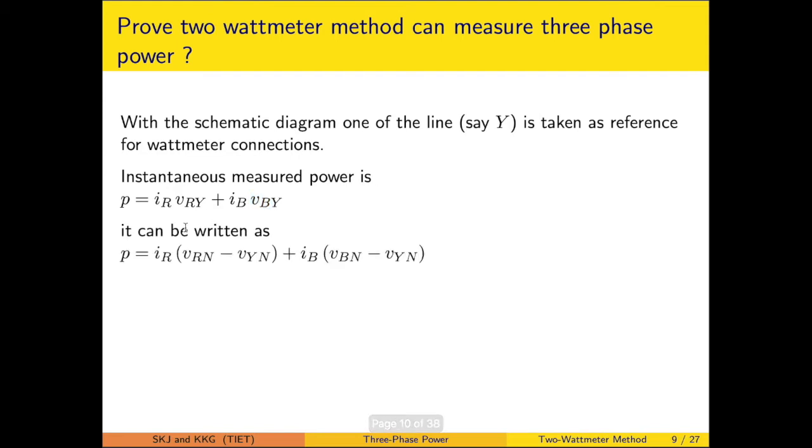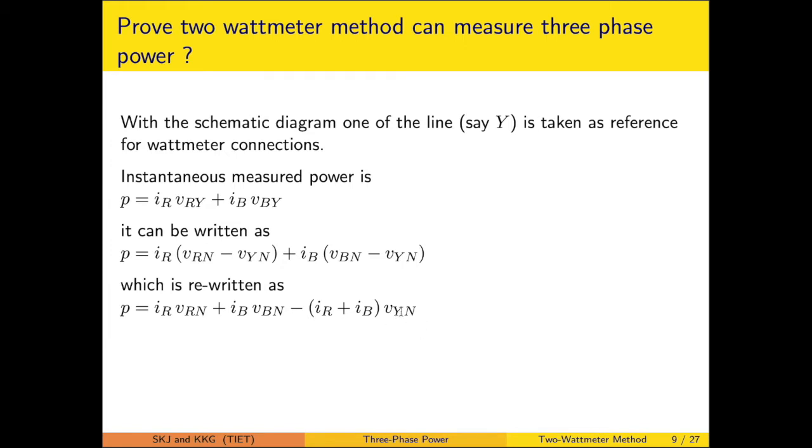VRY is written as VRN minus VYN, and VBY is written as VBN minus VYN. Rearranging these terms, the expression is IR VRN plus IB VBN minus (IR plus IB) VYN.